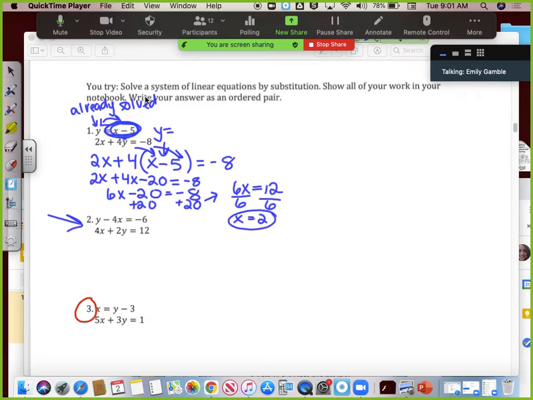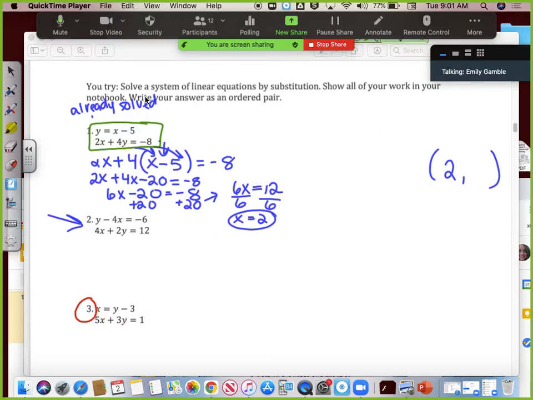Your final answer will be an ordered pair. You have half of it right now. We know that it crosses at 2 on the x-axis, but we have to figure out what y is going to be. You go back to the very beginning equations. I'll just erase all this mess that I made. You take a look at both equations and pick the one that is easier to you.